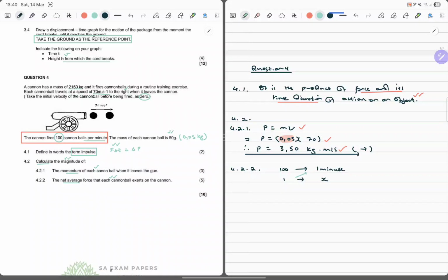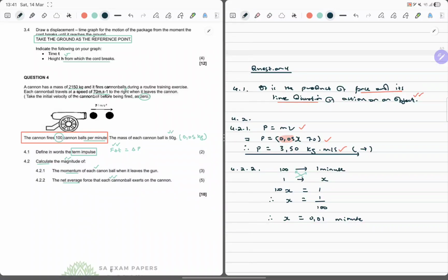And if we cross multiply, we want to know the minutes for just 1 cannonball. So this is going to be 100x is equal to 1. Therefore, x is going to be 1 over 100. Can you see that? So x is 0.01 minute.